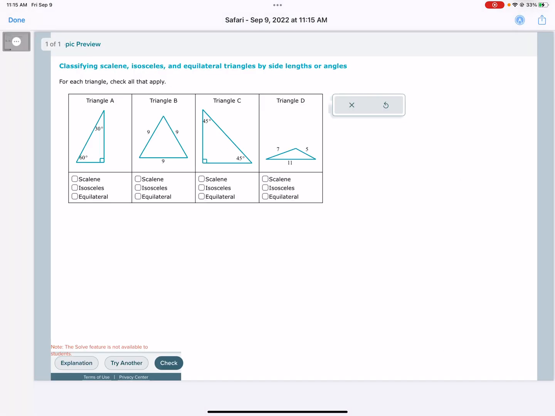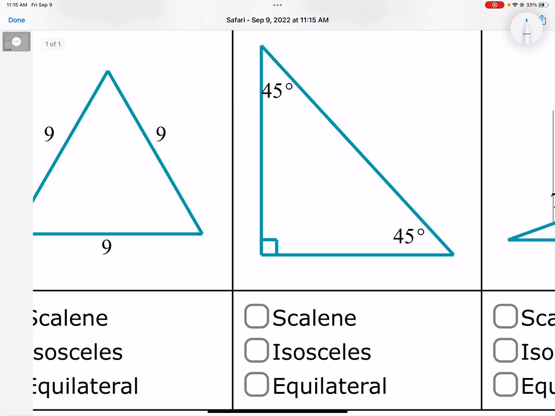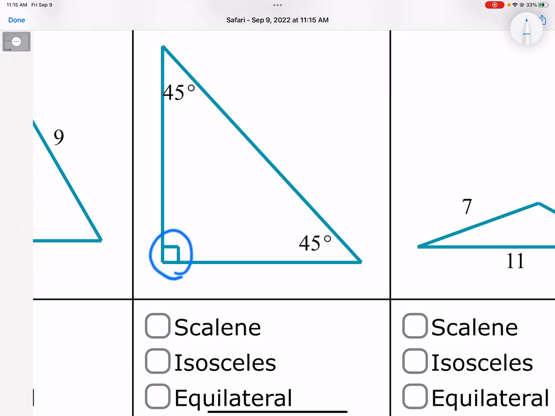The reason it's a right triangle, obviously, as you see, is the right angle, but the reason it's isosceles is because I have one angle and another angle that are identical. Now, the fact that the angles are identical also means the sides that are opposite have the same measure. So these two sides are the same.